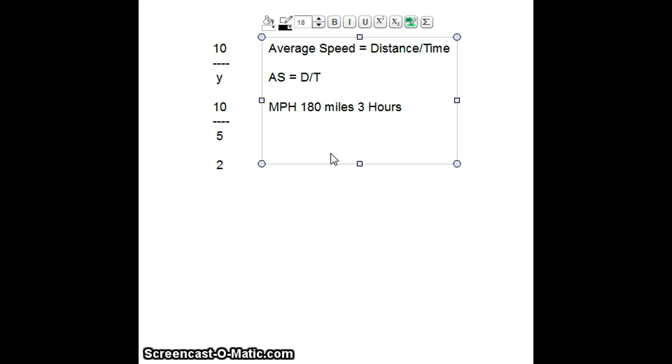We've already written our variable expression, which is average speed equals distance divided by time. Now we're going to substitute our values for variables. What is our distance in this case? It would be 180 miles. Now, what would be our time? 3 hours.